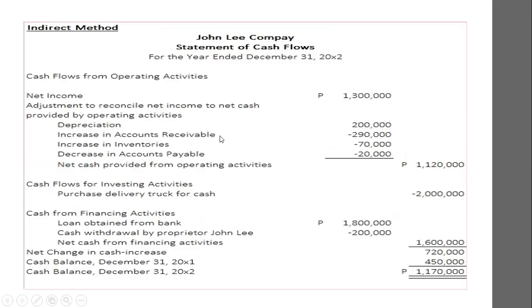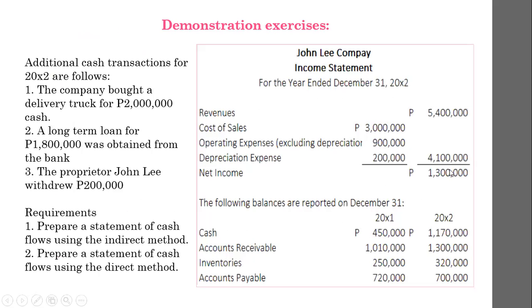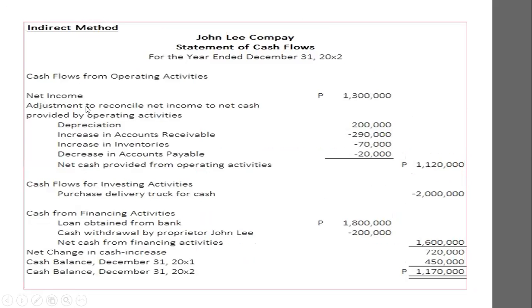So, ito yan. Diba? Kung mapapansin nyo sa indirect method, sa net income po nag-start si operating activities. Itong net income is 1.3. So, kung mapapansin nyo, ito po yan, 1.3. Okay? So, next. So, adjustment to reconcile net income to net cash provided by operating activities.